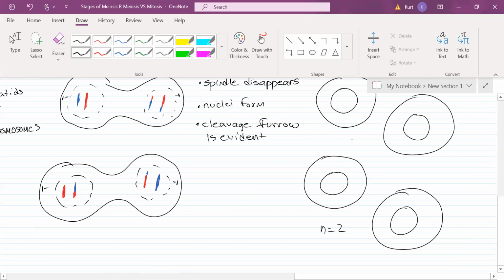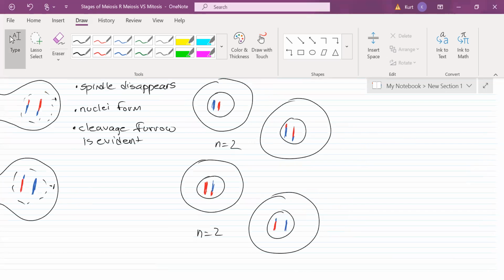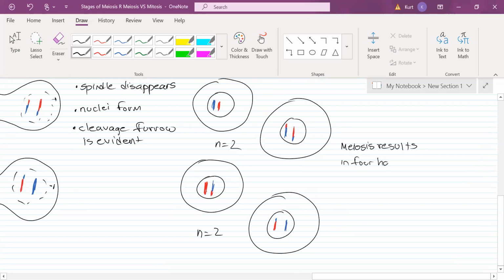They're all haploid. Meiosis results in 4 haploid daughter cells.